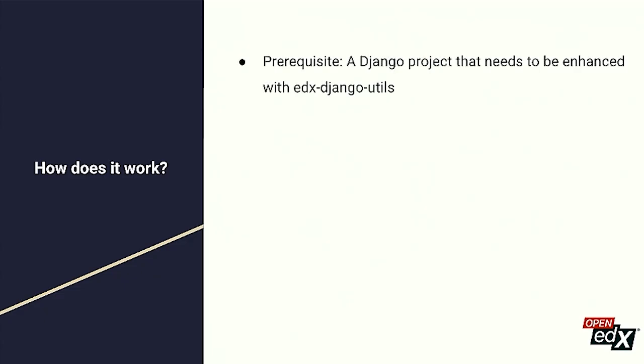Okay, so how does it work? As a prerequisite, we need to install edX Django utils in your core Django project. The next thing is that you need to write an override function in your pluggable app and install that plugin app in your core project's requirements. The final step is to register an override for the original function in your core code base using the decorator, because the pluggable override can be consumed using the decorator function.